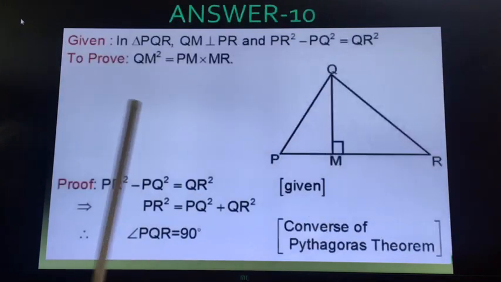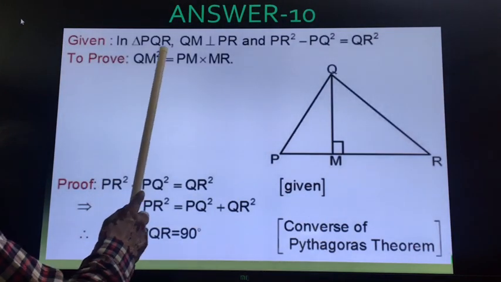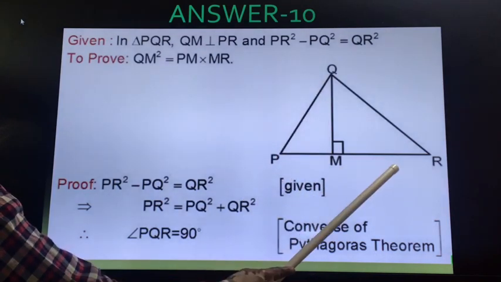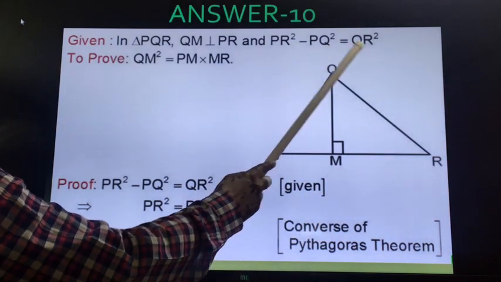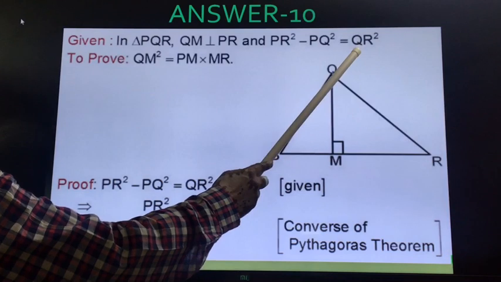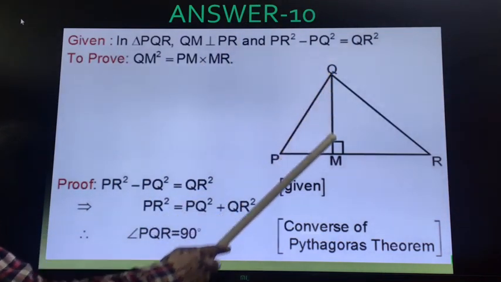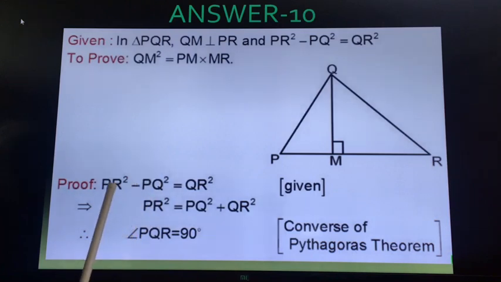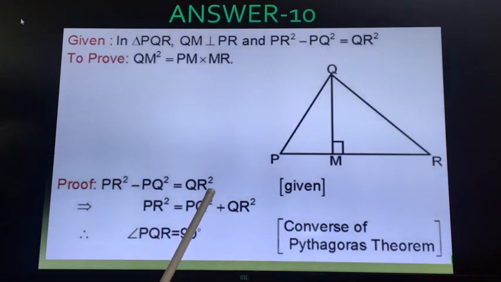So see the solution. In triangle PQR, QM is perpendicular to PR and PR square minus PQ square is equal to QR square, it is given, and we have to prove that QM square is equal to PM into MR. As it was given here, PR square minus PQ square is equal to QR square.